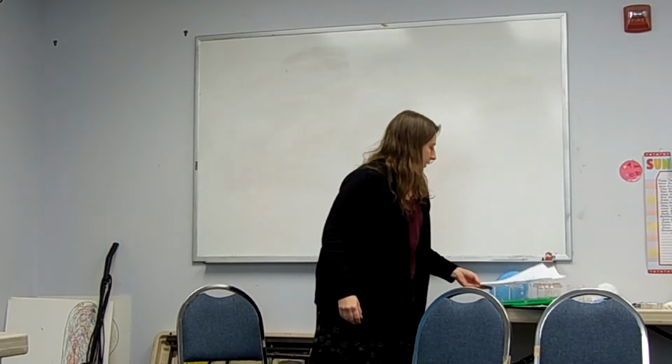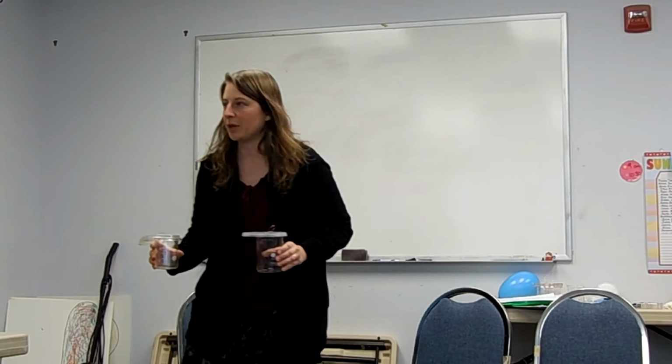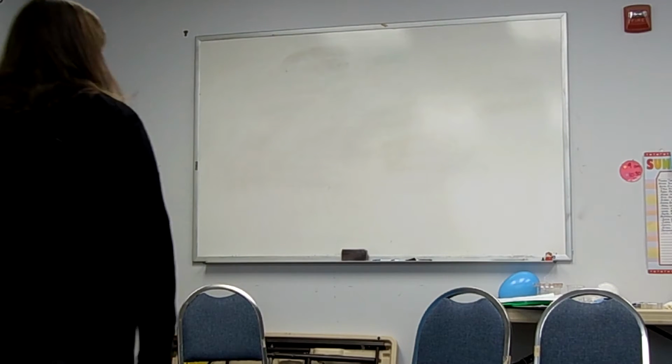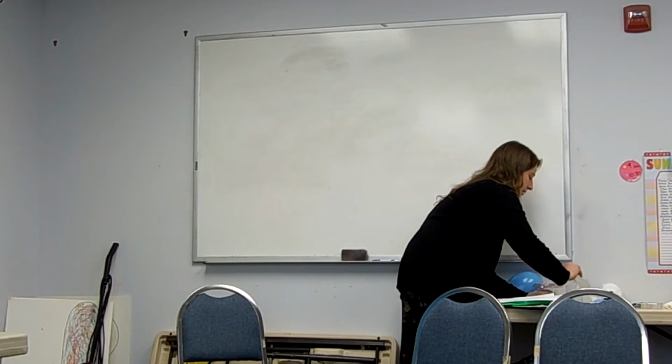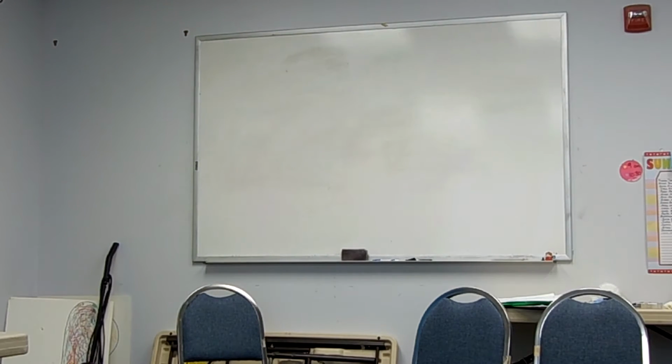Okay, everyone's going to need a balloon and one of these little guys and an electroscope paper. And you need to be in groups of 3. Two groups of 2, like, switch in place.